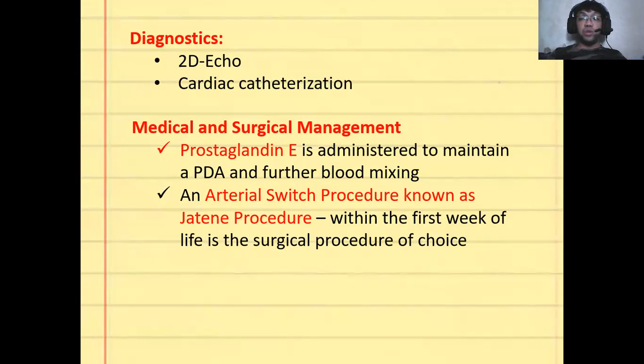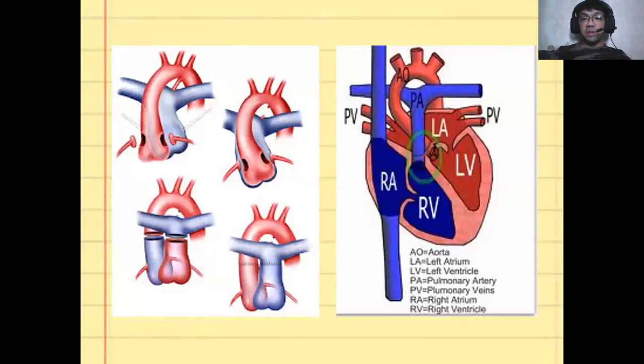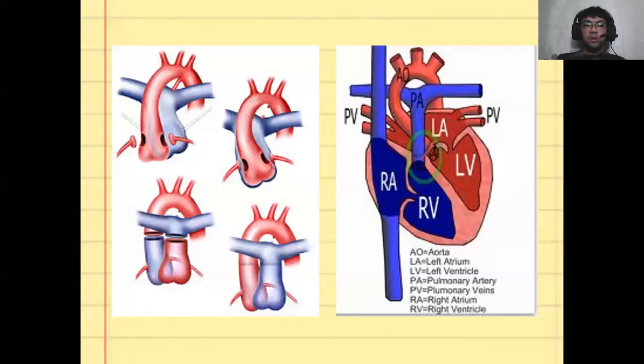This is a corrective procedure for transposition of the great arteries. So this is how they do it. They are going to incise both great arteries. This is done as an open heart surgery again. Once they incise or resect these, they are going to attach the great arteries to their respective origin.